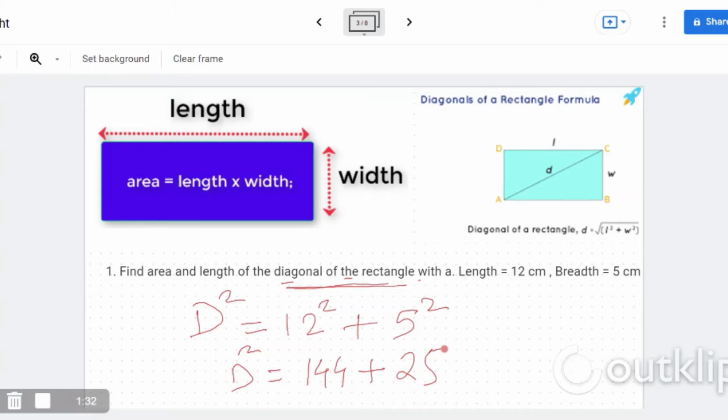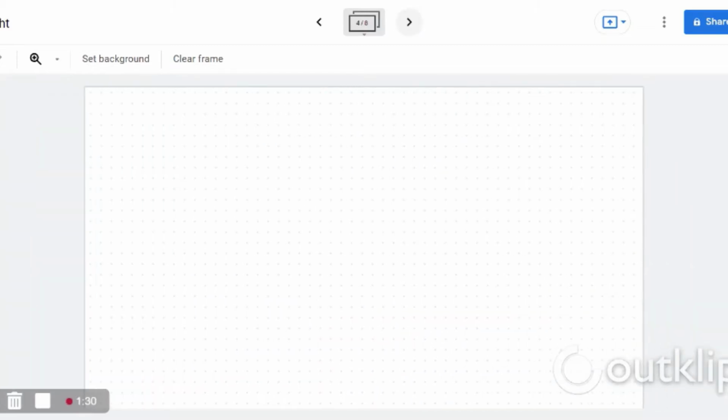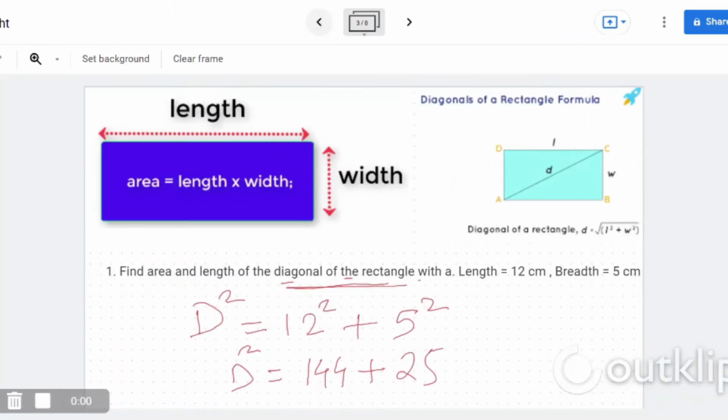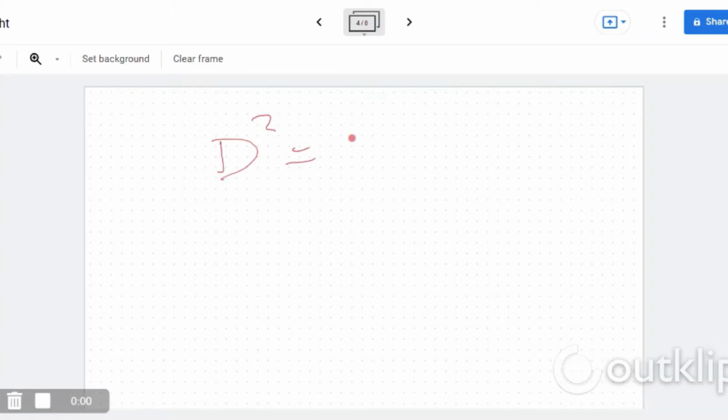Okay. So now I take my next page. It was my diagonal square equals 144 plus 25. 144 plus 25 is 169. I don't need this square actually, which is disturbing. So what I'm going to do, I'll take my diagonal equals root of 169.